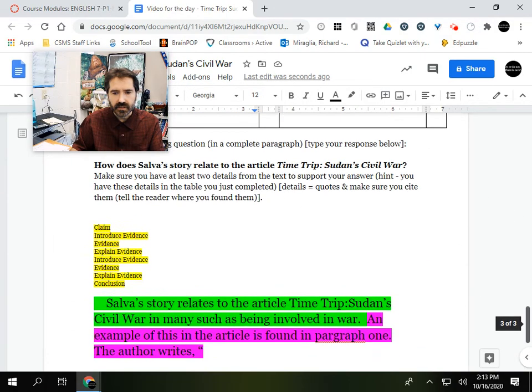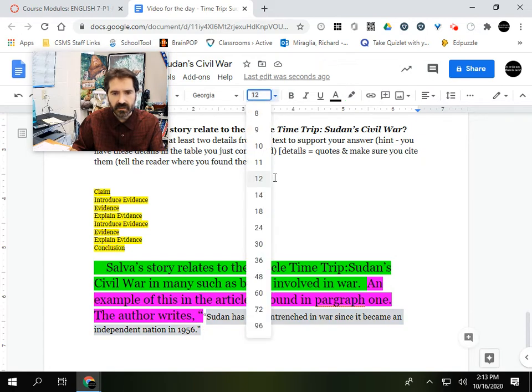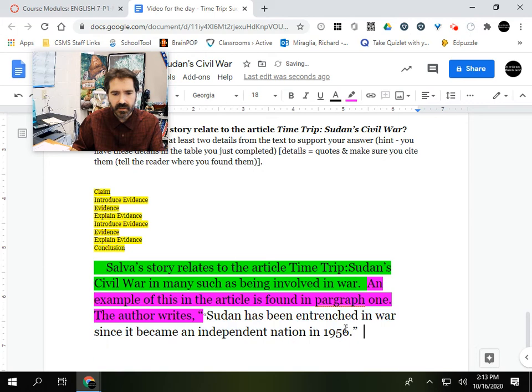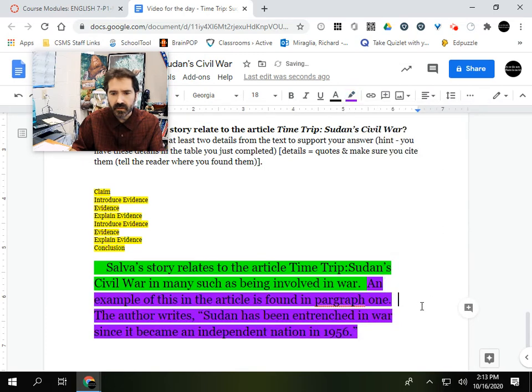Okay, then we can just copy and paste it in. Make sure it's the same size so it all looks the same. This is still part of the same evidence, so we'll make it the same color.